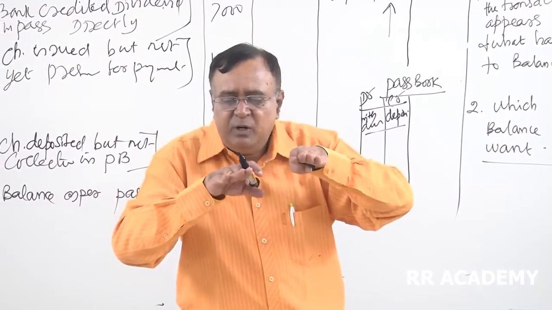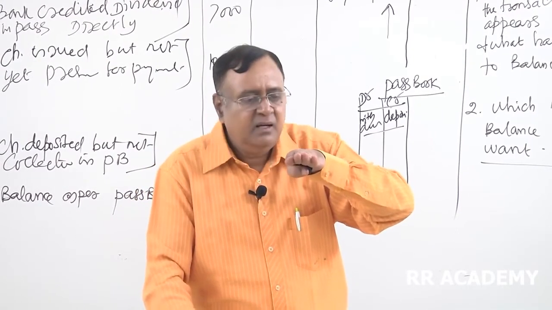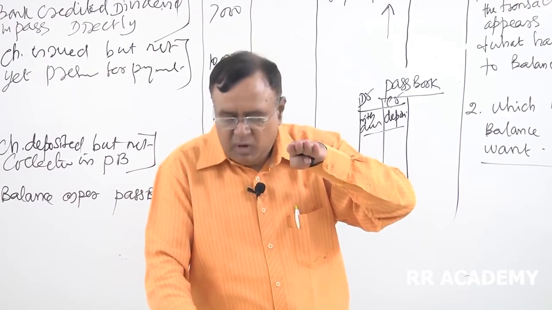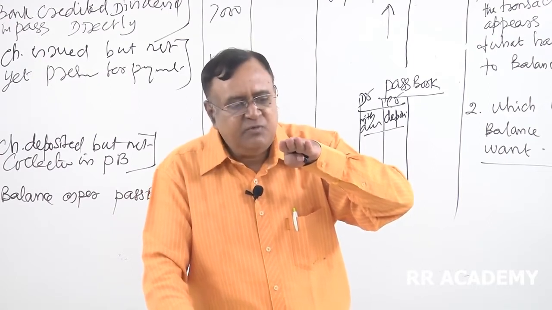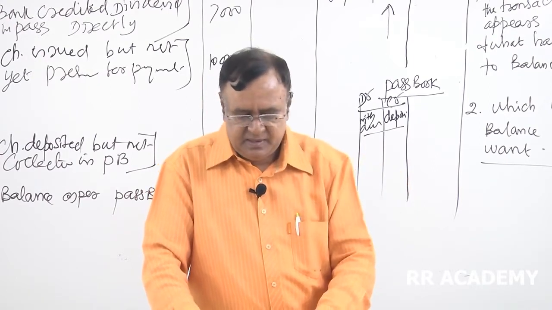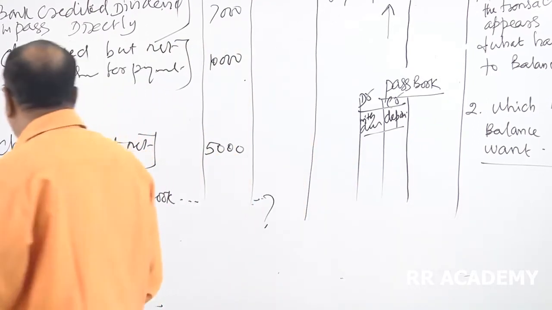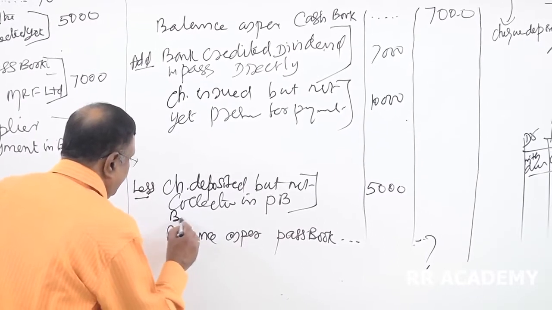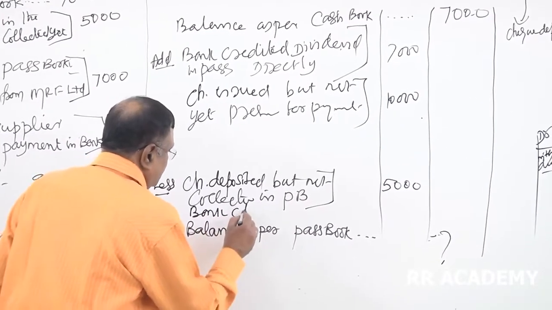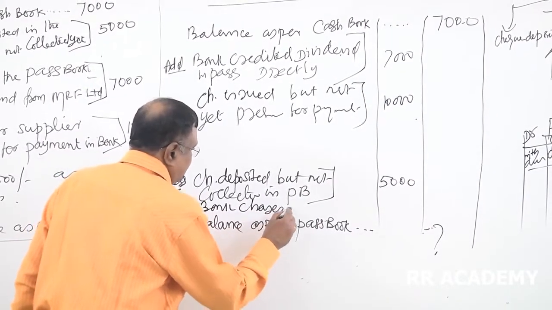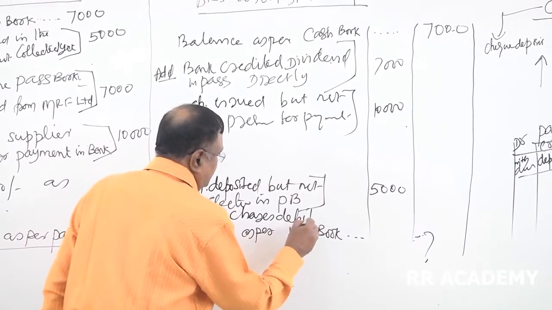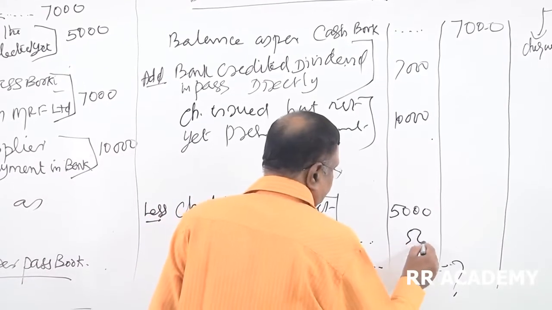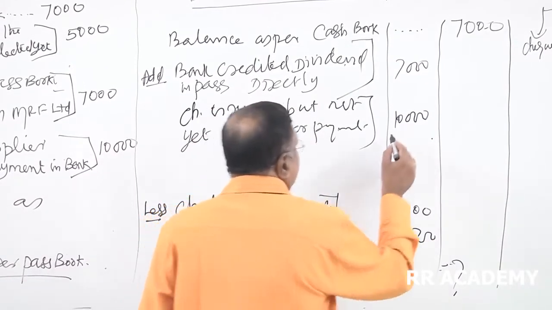Passbook. What happened to the balance? Less. Cash book same. Which book do you want? We want the passbook. Therefore, what should we do? Less. So, bank charges debited, 500. That's all, friends.